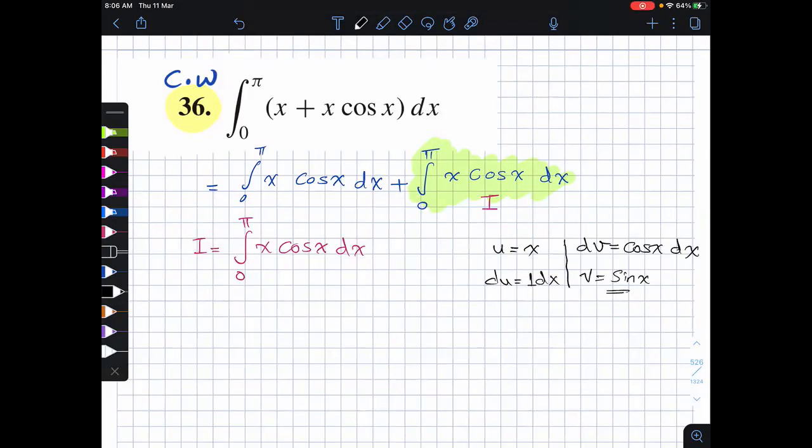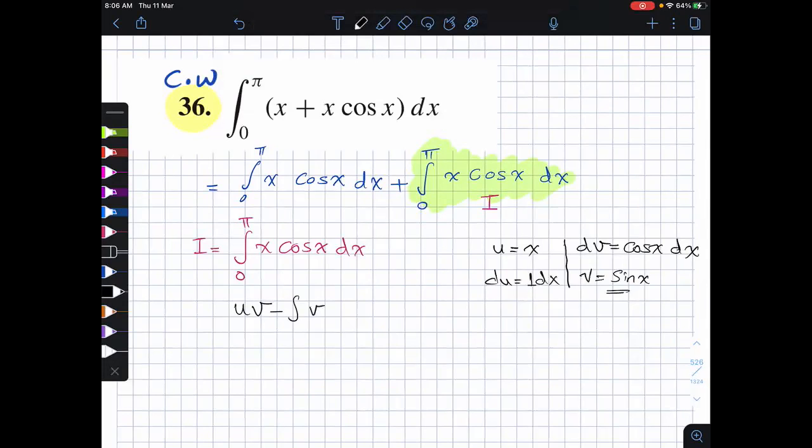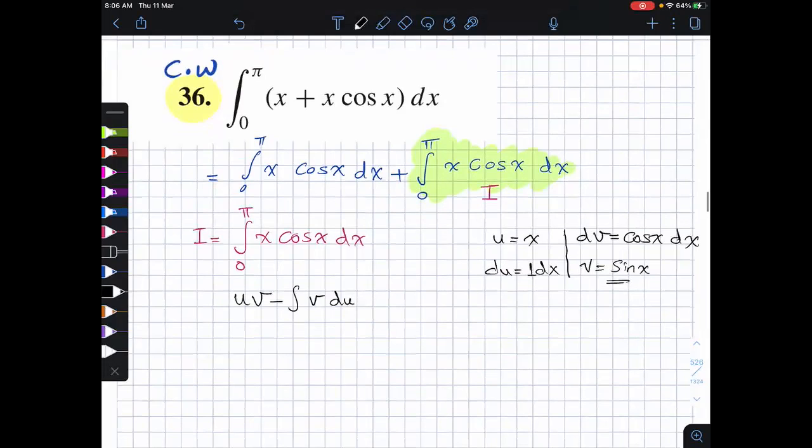So we substitute u, v, dv and du in the integration by parts formula: the integral of u dv equals uv minus the integral of v du.